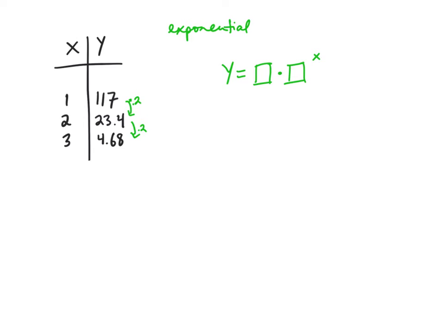It decreases. I'll show it here because I have a calculator off to the side: I just took 4.68 and divided backwards to the 23.4, and that gave me the multiplier. I took 23.4 and divided backwards to the 117, and that got me the multiplier. So my multiplier is times 0.2.